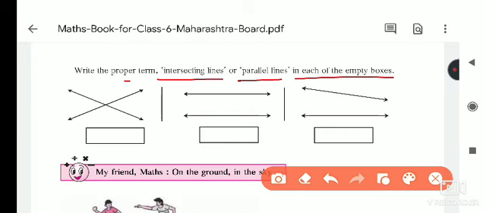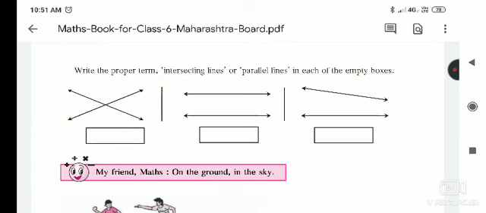If you see this figure, you can easily answer this. Since you are not in front of me, I am going to tell you the answer. If you see the first figure, these two lines intersect each other at this point. So which lines are these? These are intersecting lines.